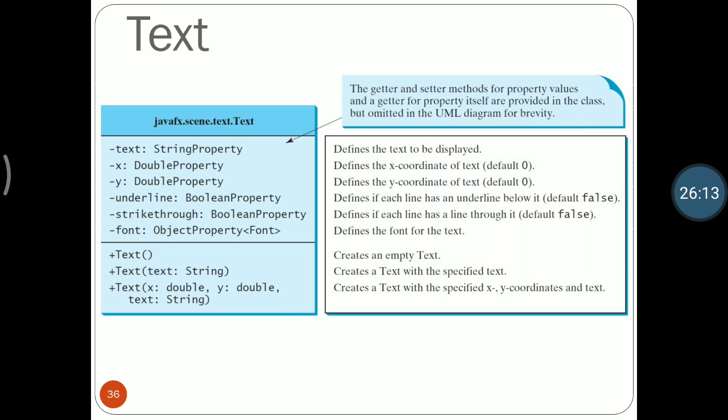Our method Text will create an empty text. Our method Text with text creates a text with the specified text, and our method Text with x, y, and text creates a text with the specified xy coordinate and the text.